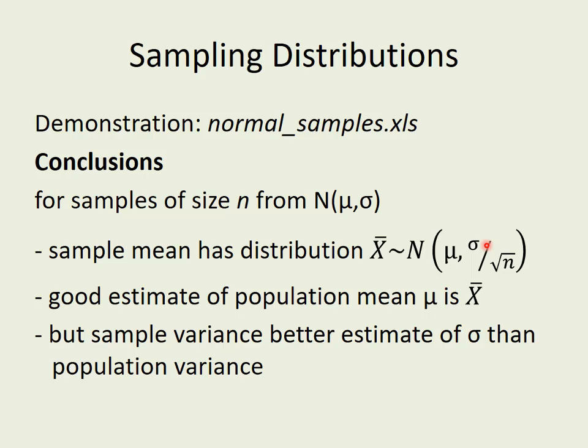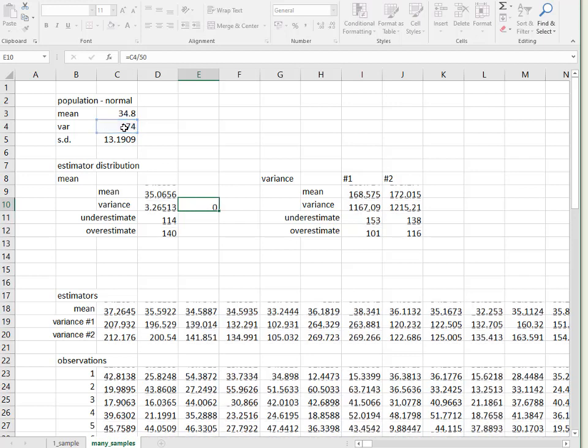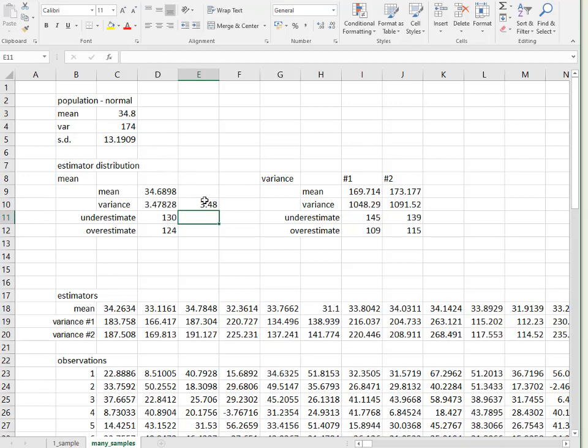And then this is claiming that the standard deviation of that distribution is the original standard deviation divided by the square root of n. You can see that on here, that this is the mean of the means, the variance of the means. If you take the original variance divided by 50, then you have the variance of the sample means.